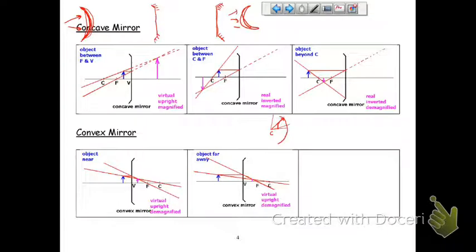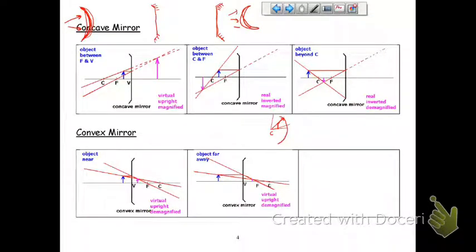So a ray from the top of the object which hits the mirror at 90 degrees bounces back through the center of curvature. But because I chose to draw this as a straight line, it looks like that's not the case in this diagram. So there's abstraction there. I'm kind of using a bit of cheating there.